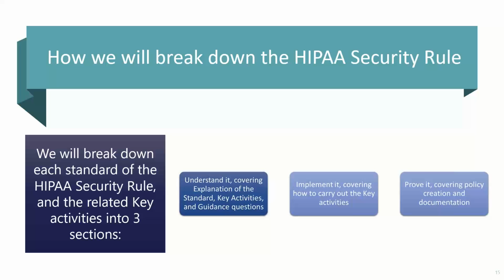But when we break down the security rule, and again, those administrative, technical, and physical safeguards, and then break it down into the standards, what we always want to do, and this is how we set up this program, is we want to break those standards down so that we understand what the government is requiring of us and the explanation of the key activities and the guidance questions that the government asks, that we ask of ourselves within the system. Then we want to implement it and carry out the key functions as to what is required of us.